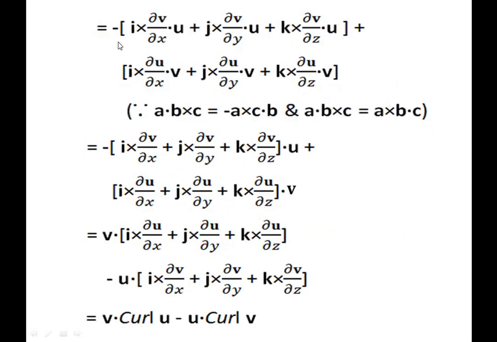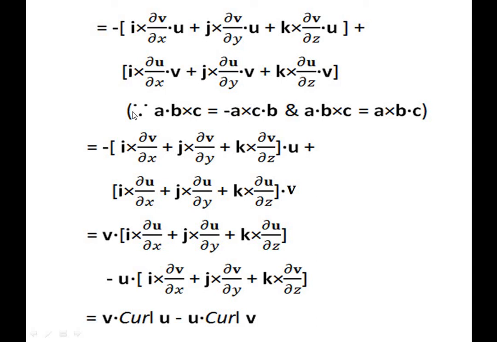Then we get minus of (i cross ∂v/∂x dot u plus j cross ∂v/∂y dot u plus k cross ∂v/∂z dot u) plus (i cross ∂u/∂x dot v plus j cross ∂u/∂y dot v plus k cross ∂u/∂z dot v).